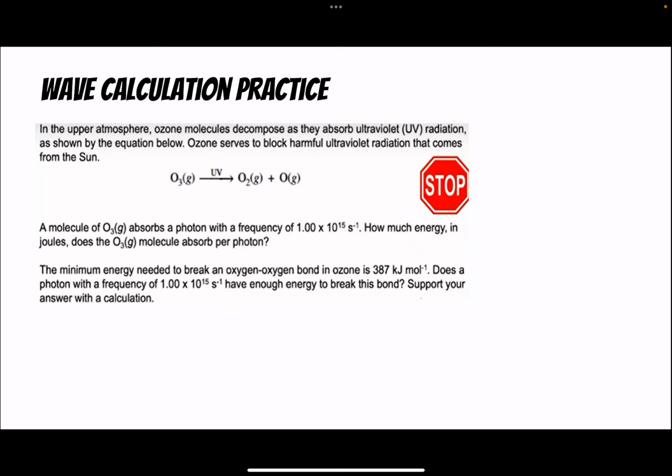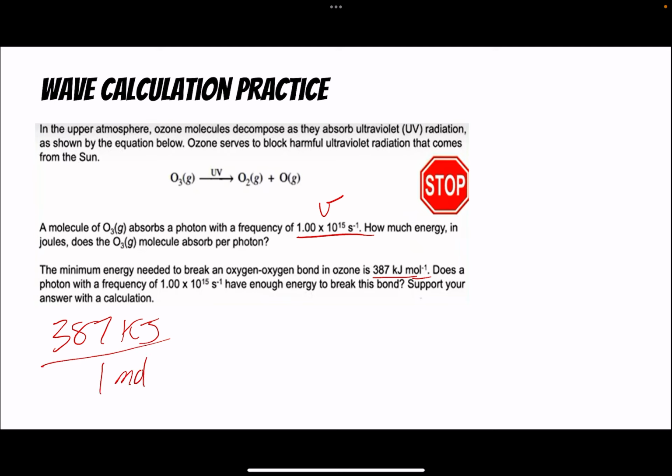So here, now we have hertz. Remember, hertz is frequency. And we have 387 kilojoules per mole. Remember, this can be a conversion factor, written as 387 kilojoules per 1 mole.